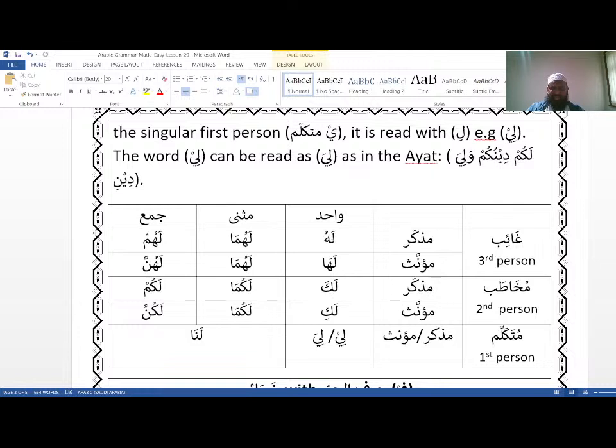Same, because these are the jar, or halatul jar pronouns. Laha, lahuma, lahunna. Laka, over there we saw the ka, over here we see the ka. Laka, lakuma, lakum. Laki, lakuma, lakunna. Li, or liya. Jama will be lana.